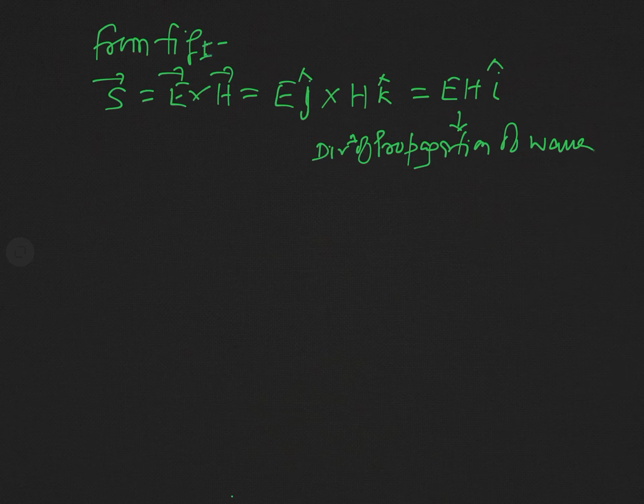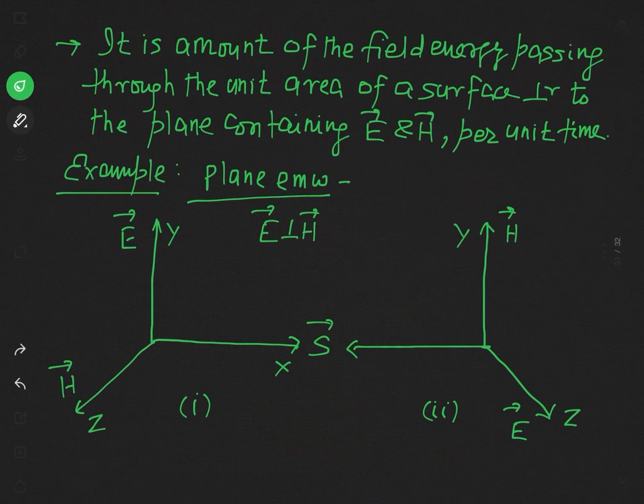And from figure 2, what do we see? In figure 2, the electric field vector is in the z direction and the magnetic field vector is in the y direction.